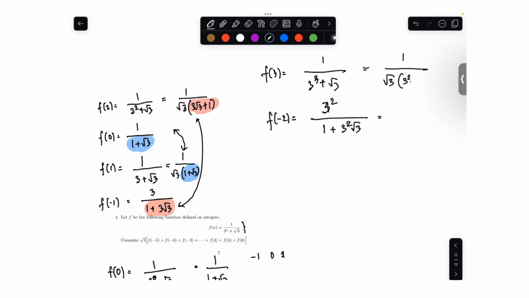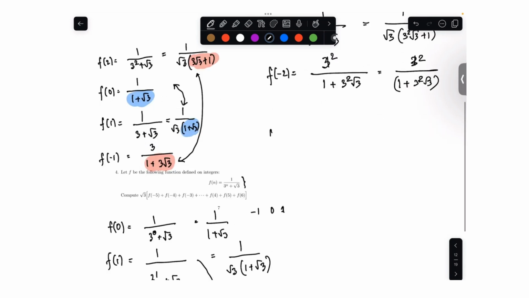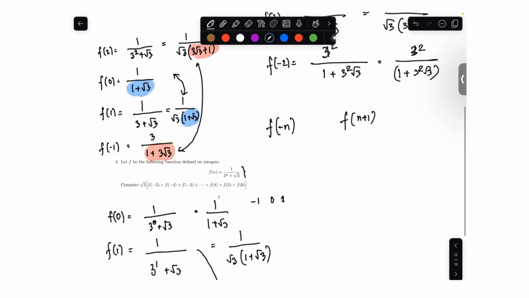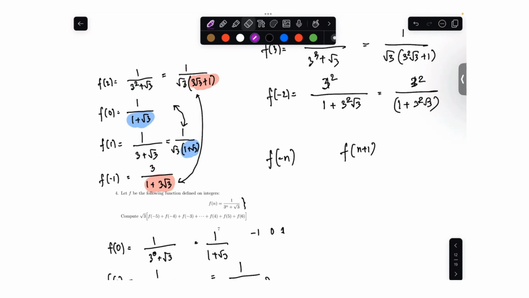So it's 3 square root 3 plus 1, and here 3 square by 1 plus 3 square root 3. So do you see the relationship between f of minus n and f of n plus 1? What is the relationship? Let's write it down. So you can see the relationship again here, right?